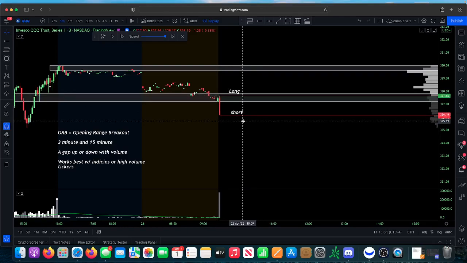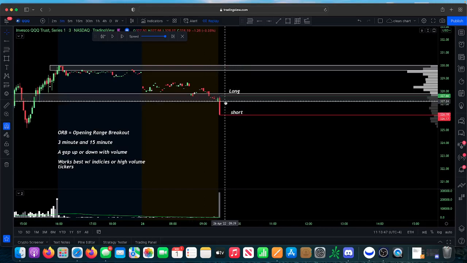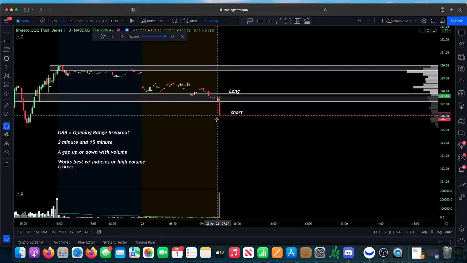I personally don't wait for a close on the 3-minute orb. 15-minute orb, I wait for a close. But 3-minute orb, I'm going as soon as I see some volume through there. Sometimes this does stop you out, so you want to be sure.